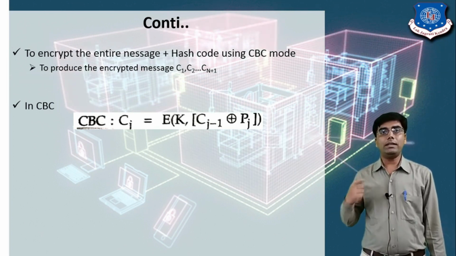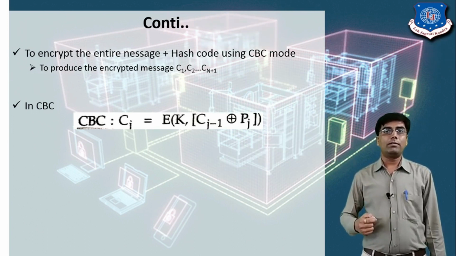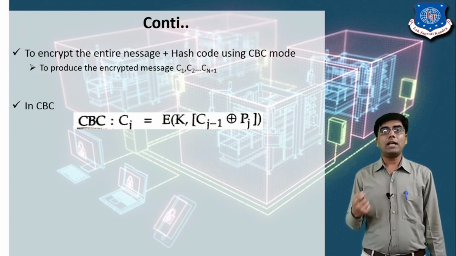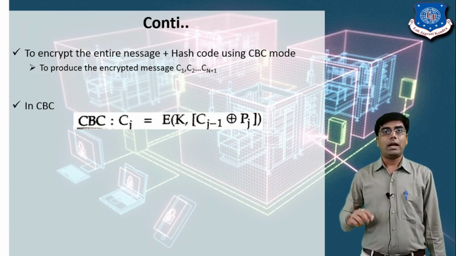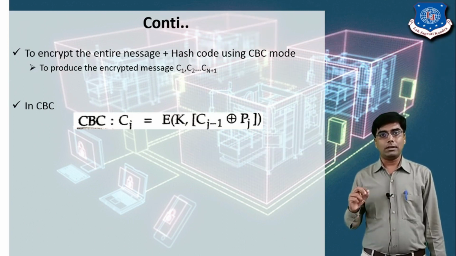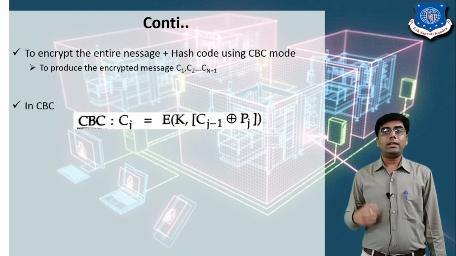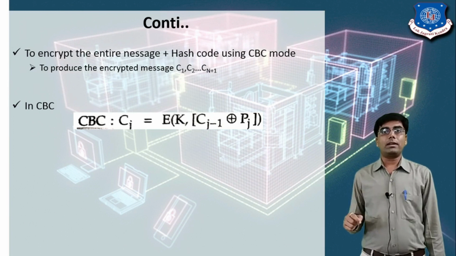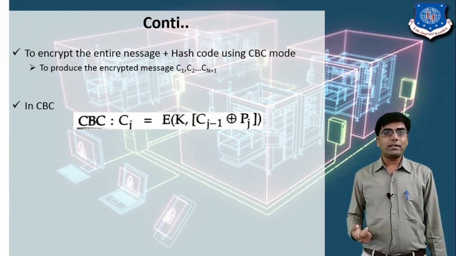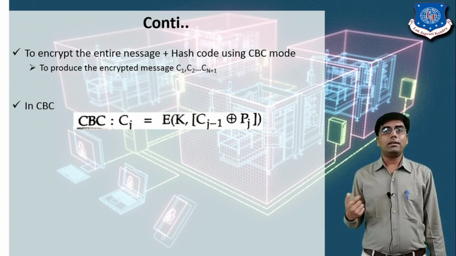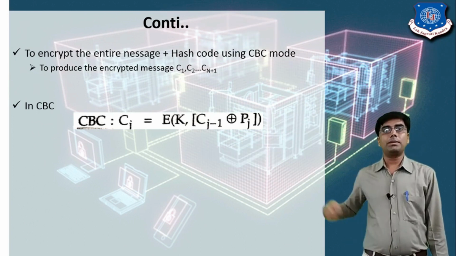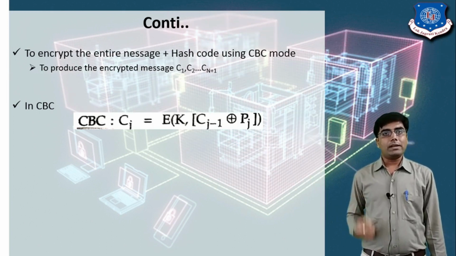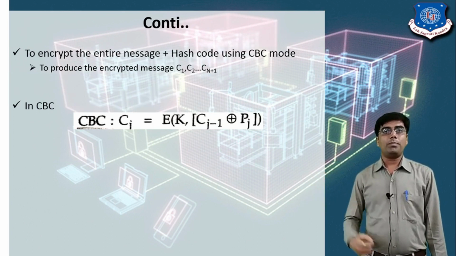That means that initially, when we encrypt the first plain text block, we consider the initialization vector. We generate a random number as the initialization vector, and we apply the XOR operation between the initialization vector and the first block of the plain text message.